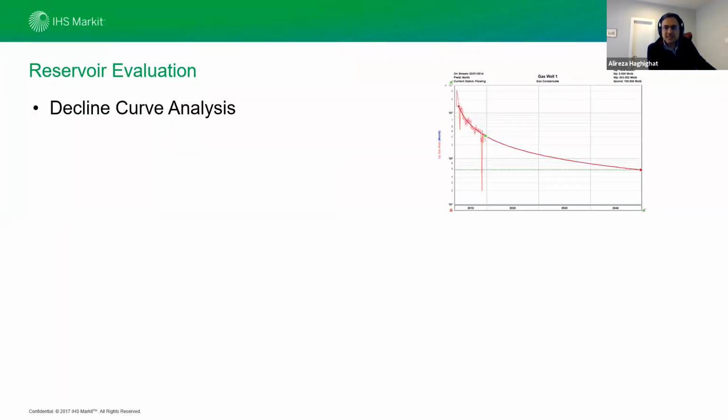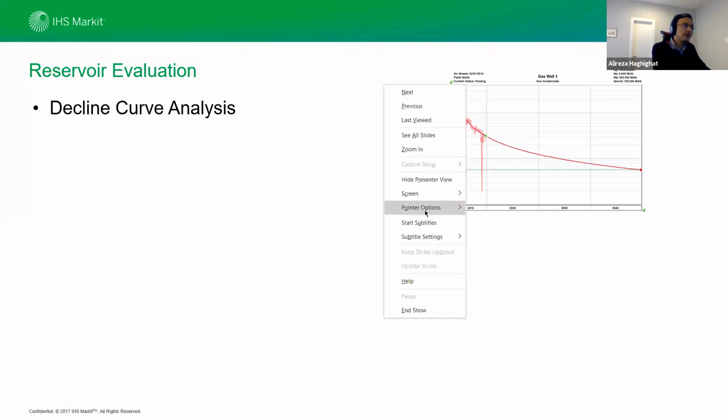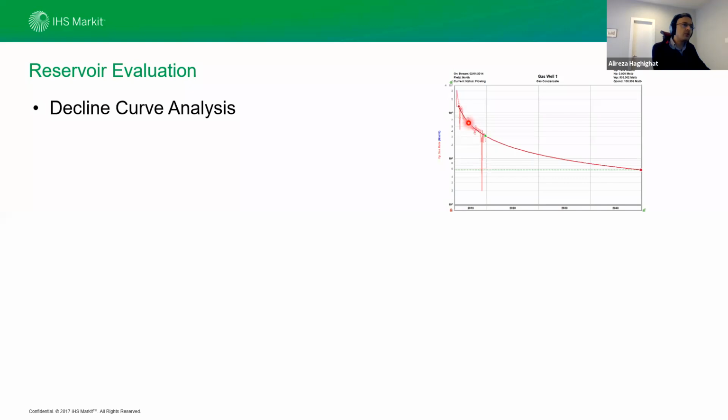So the first technique is called decline curve analysis. And we are going to review that in more detail because our main focus in this session is decline curve analysis. So what we do in decline curve analysis, we are looking at production data versus time. We fit a curve and we extrapolate that curve and forecast the production.